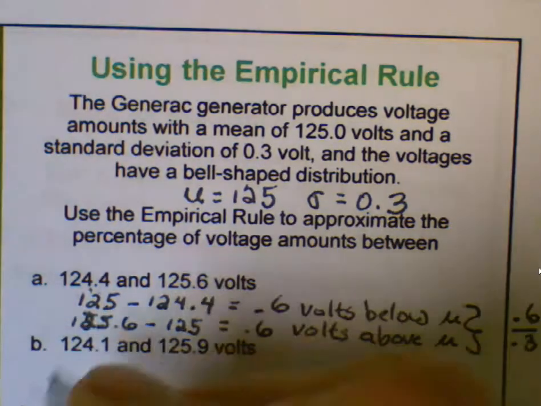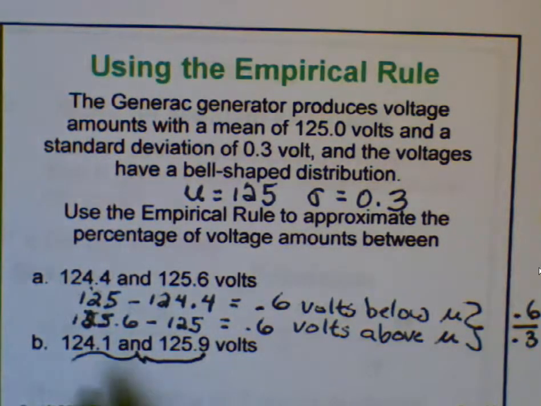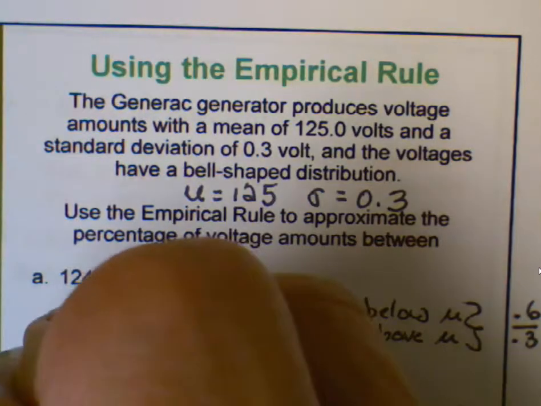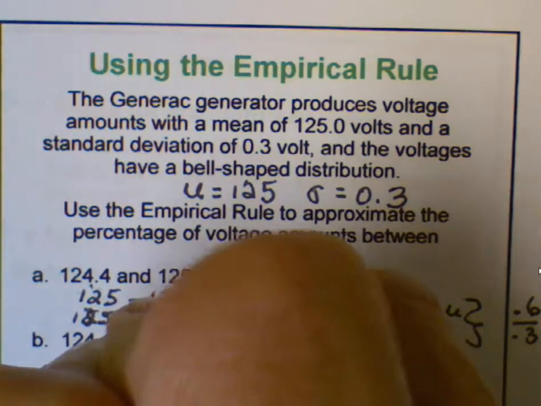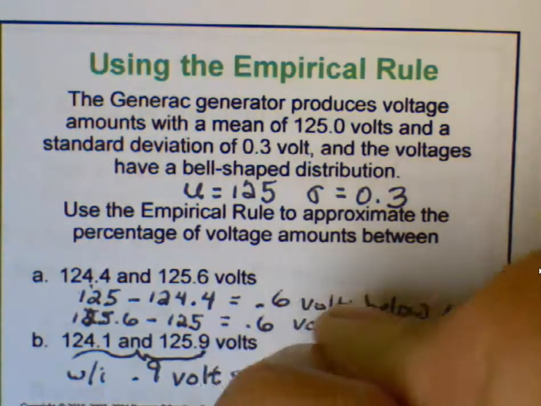We could do the same thing in the B part. Subtract each of these from the mean, and you find out that this is 0.9 volts below the mean. This is 0.9 volts above the mean. I'm just going to say within 0.9 volts of the mean.